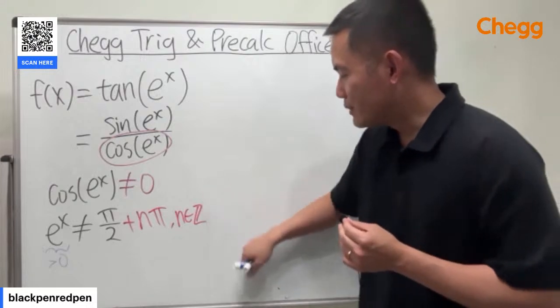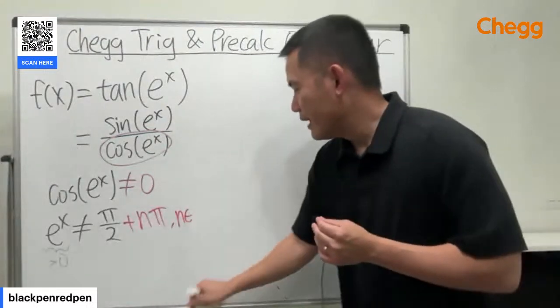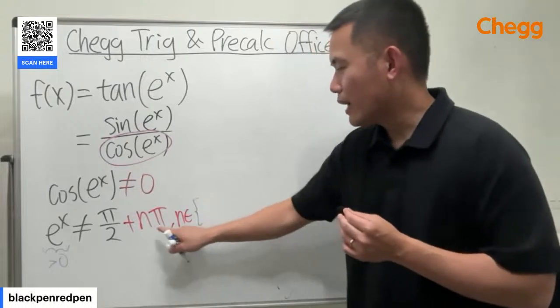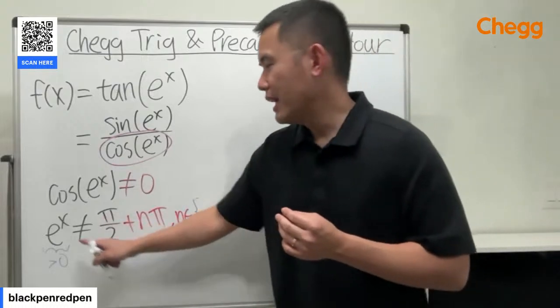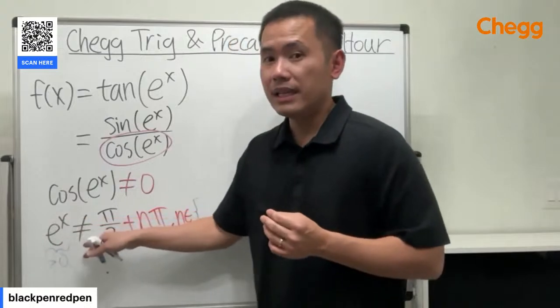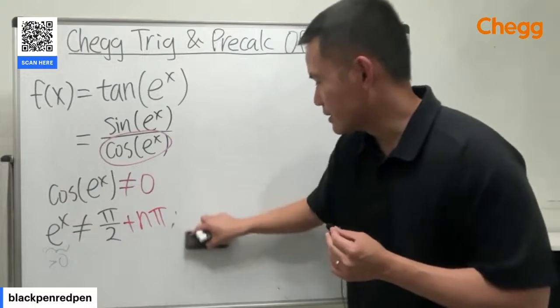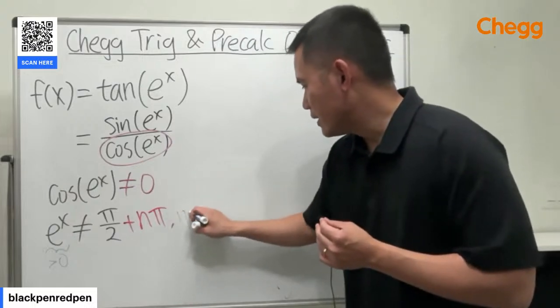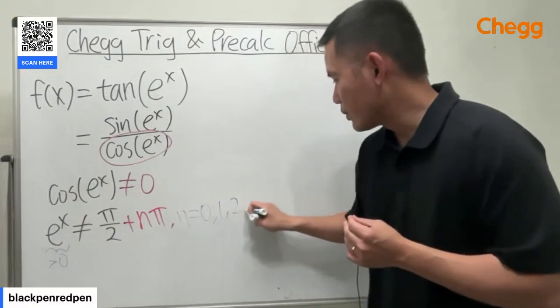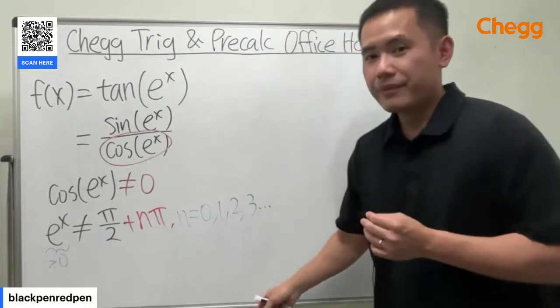N cannot be negative because otherwise you'll make this expression negative, and e to the x cannot be a negative number in the real world. So n has to be either 0, 1, 2, 3, and so on.